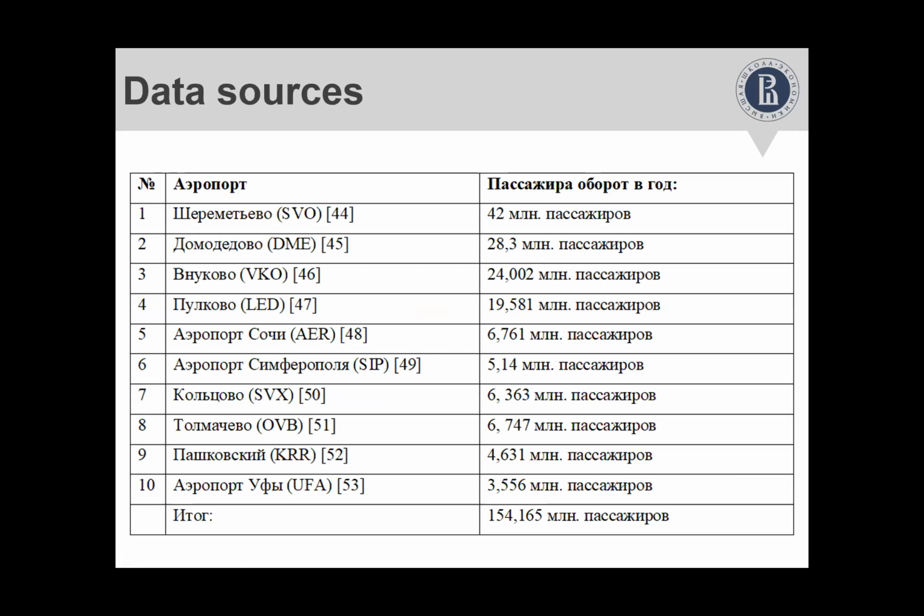When we started working on this, we first tried to calculate the covered share. It was the first step, to understand whether we could do it or not. As you can see, in total we have 154 million passengers from this list of top airports.